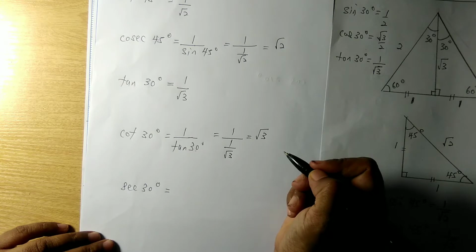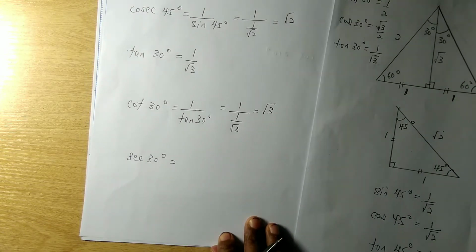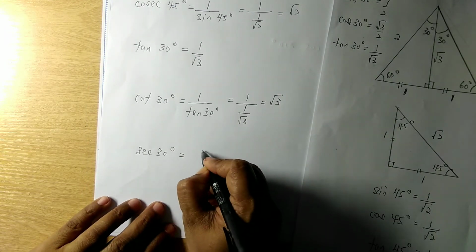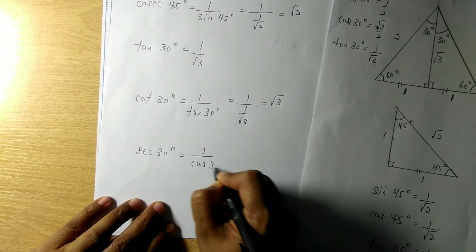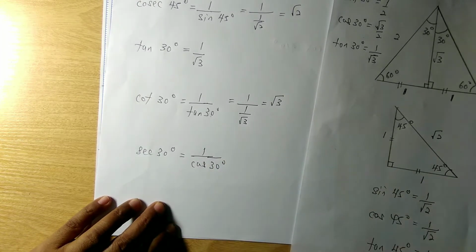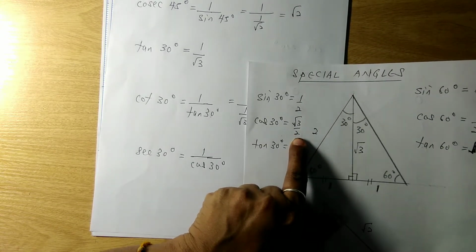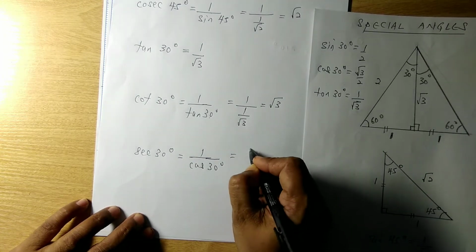Alright? Okay, next is, let's say I've got secant 30 degrees. So secant is actually 1 over cos. So 30 degrees, so this is also 30 degrees. So cos of 30, we found earlier, cos of 30 is square root of 3 over 2. So this is 1 over square root of 3 over 2.